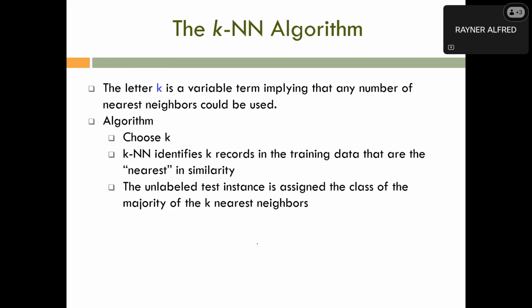Okay, but first we need to define what K is. So up to you lah. The unlabeled test instance is assigned the class of the majority of the k nearest neighbors. So if k is 3, we need to find the label of each of the nearest neighbors, and we assign the label which has the majority.